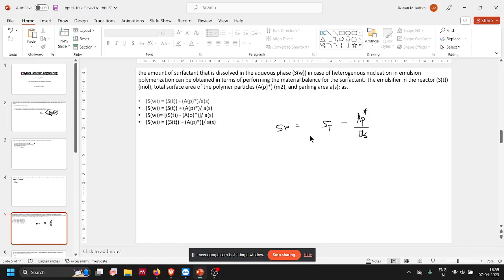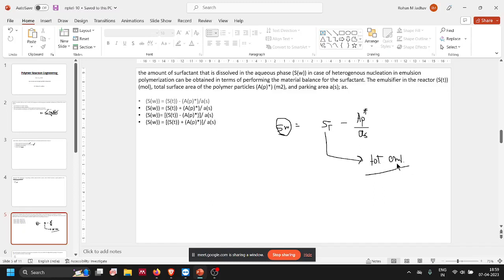This SW is the amount of surfactant which is dissolved. We are performing a material balance on the surfactant here. This is the amount of surfactant dissolved, and this is the total amount of emulsifiers.